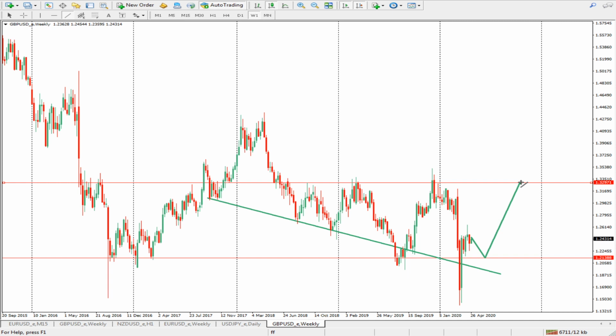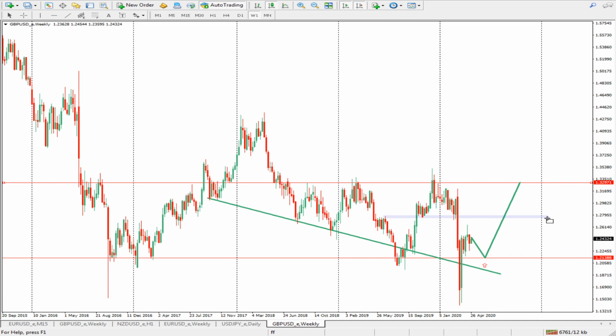So as it is now, expect price to continue up to the opening of the previous week's candle. If the price can go up to the opening of the previous week's candle, somewhere around this point here, then that will give us the correct place to pick a sell from. We expect that sell to take price up to the support. So if you buy it there, have your first take profit here.